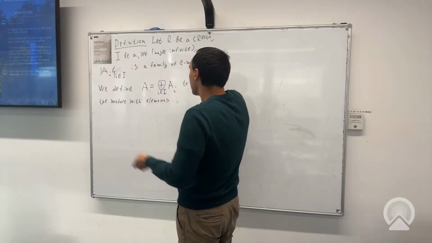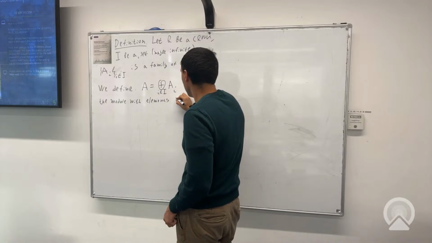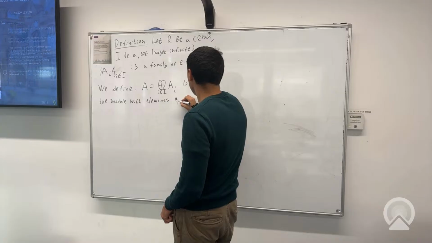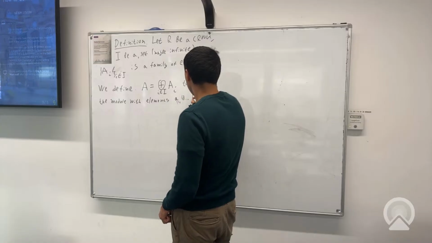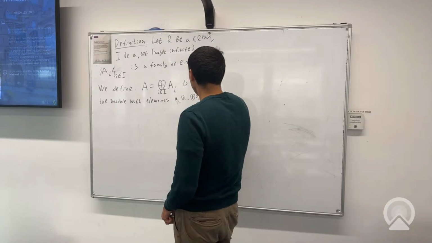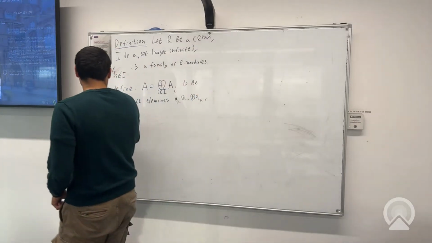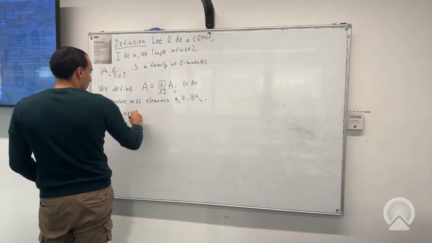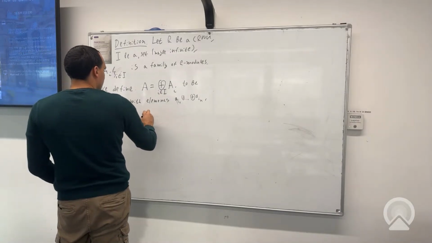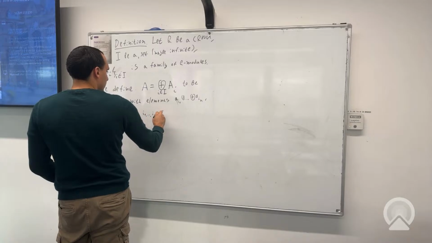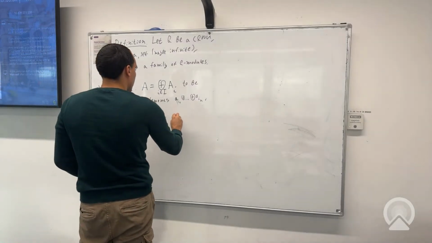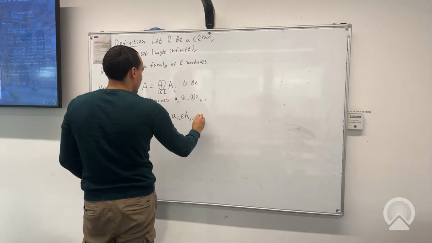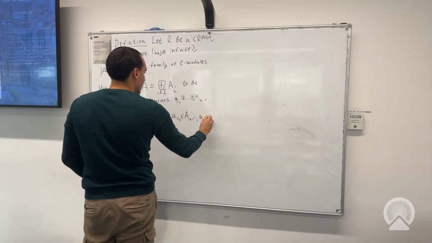I usually use V, but this time I used A. So a_{i1} plus ... plus a_{in}, where n is an integer and i1, ..., in are indices, and a_{i1} is in A_{i1}, and a_{in} is in A_{in}.